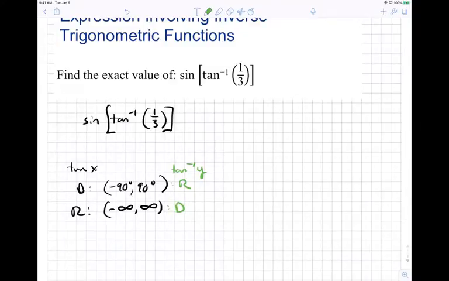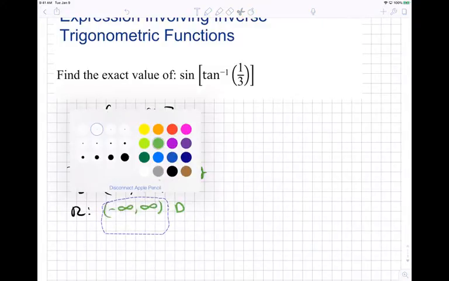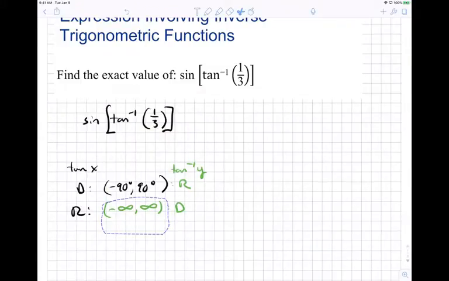So now, since we're considering inverse tan of a third, is 1/3 inside the domain for inverse tan? The domain for inverse tan is in green, and the domain for original tan is in black.